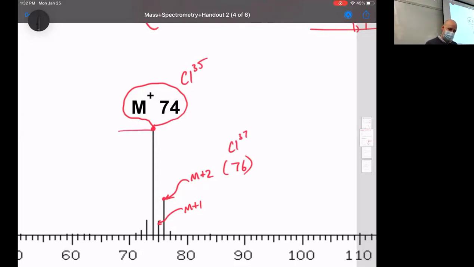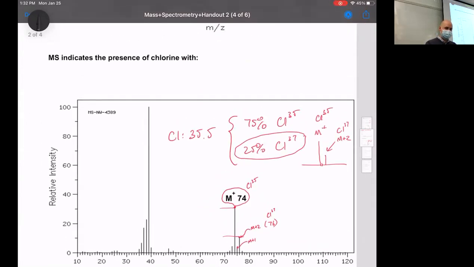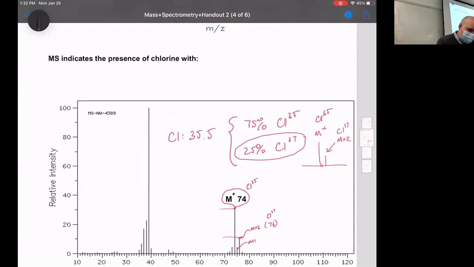So wherever this molecular ion peak is, if you have a peak at M+2 that's about a third of the height, it's telling you that you have some weird isotope thing going on. Specifically, you have chlorine in your molecule. And this is something that we didn't see in any of the previous ones. But what you're looking for is, it indicates the presence of chlorine with an M+2 peak. It's about 1/3 the height of your molecular ion.